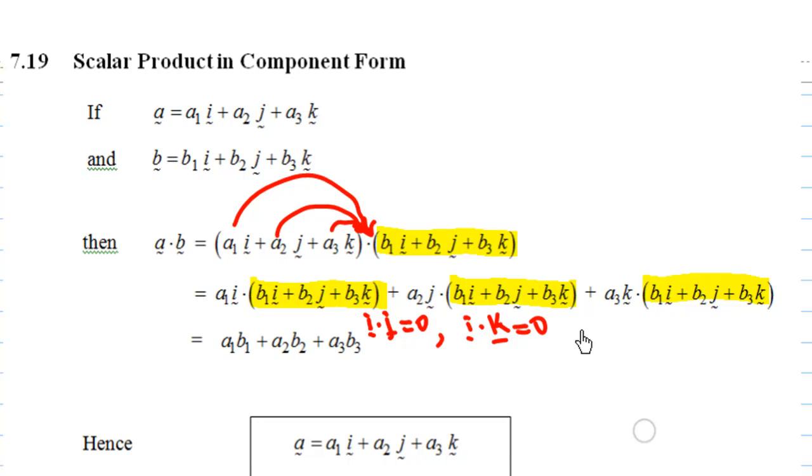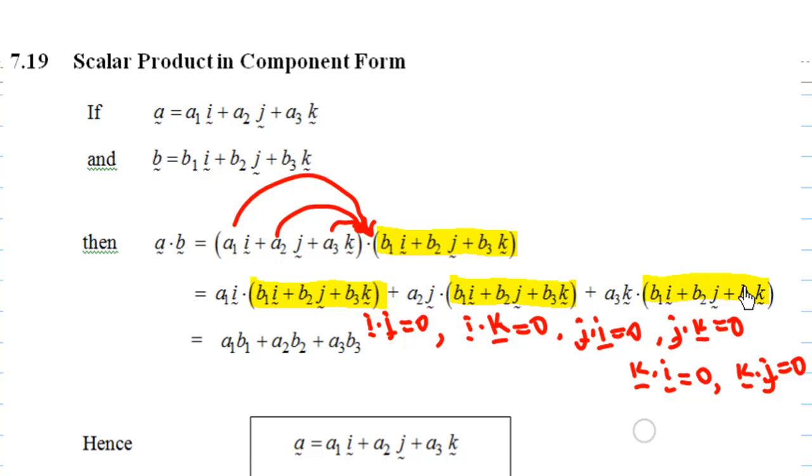We also know that j dot i is equal to 0, and j dot k is equal to 0. So we only have A2, B2 in the second term. And we also know that k dot i is equal to 0, and k dot j is equal to 0. So you only have A3, B3 left in the third term.